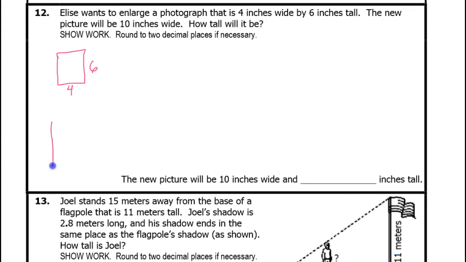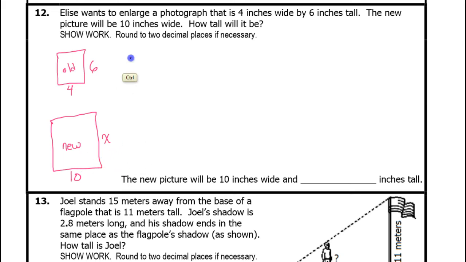Now this photograph is being enlarged. Okay, so this will be the new photo. So this is the old and this is the new. The new picture will be 10 inches wide. How tall will it be? Alright, I'll put the X right here to represent the unknown height.